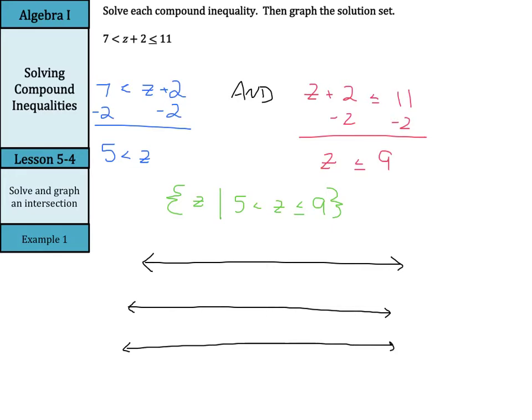We need in between 5 and 9, so we'll go 4, 5, 6, 7, 8, 9, 10, and I'll do that in all of these. And again, the closer you can line these up, the better. If you could do it on graph paper, or you could just try to keep them as close as possible.